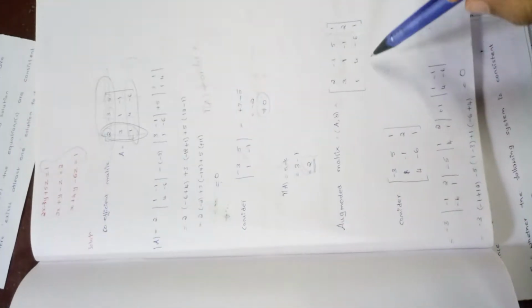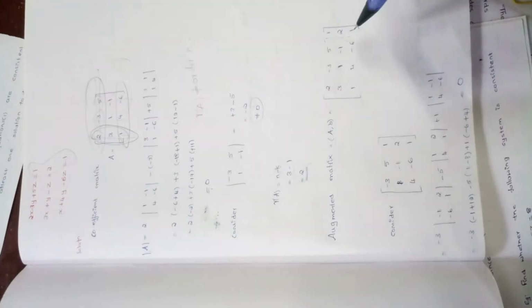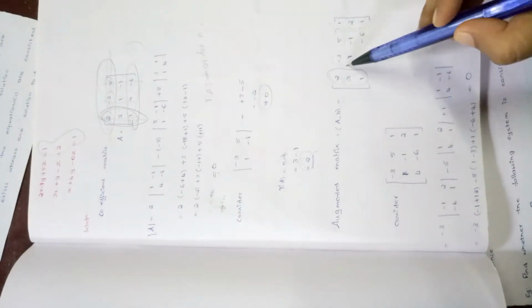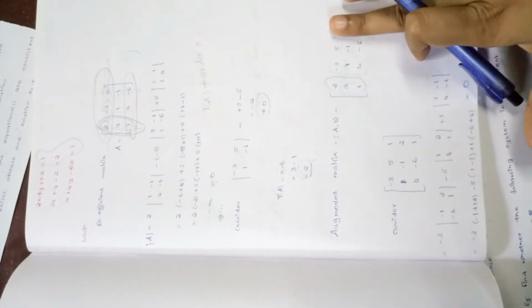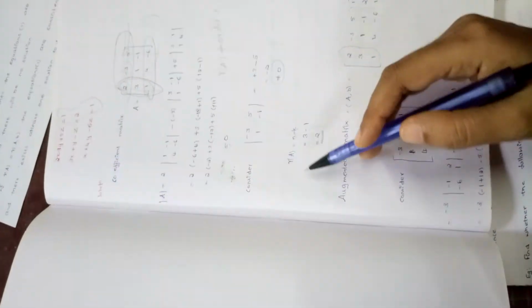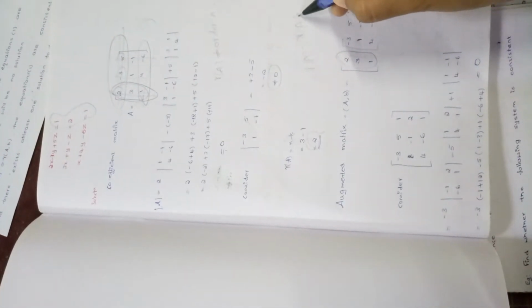To find the rank of this matrix, we need to find the determinant. Since this is not a square matrix, we will delete a column and consider the square matrix. Do not delete the last column, because then we will get the same matrix as A.